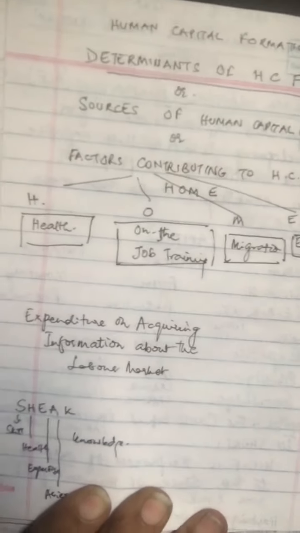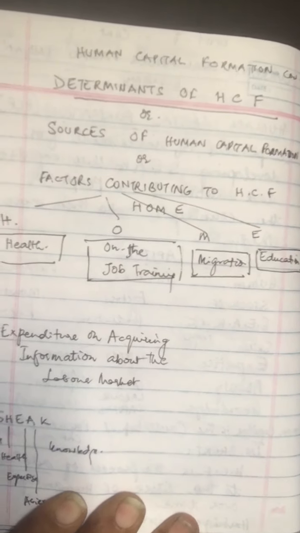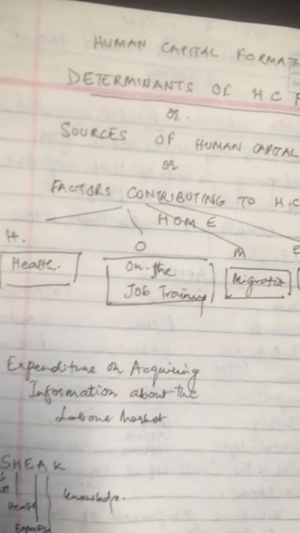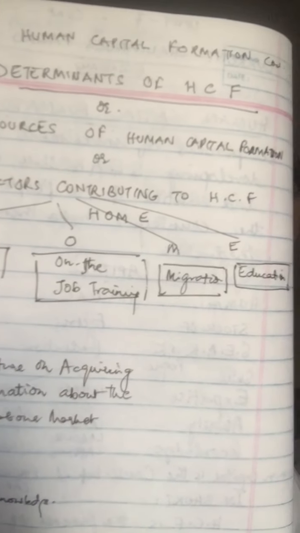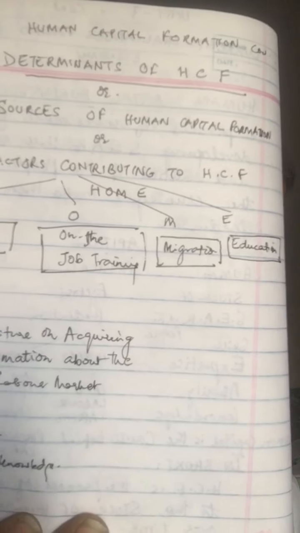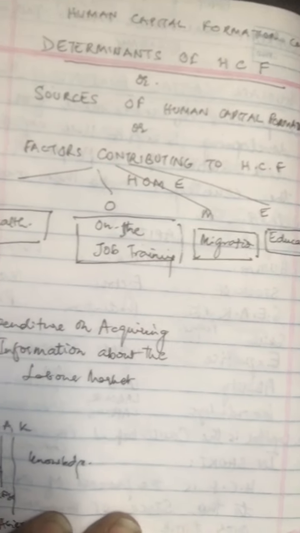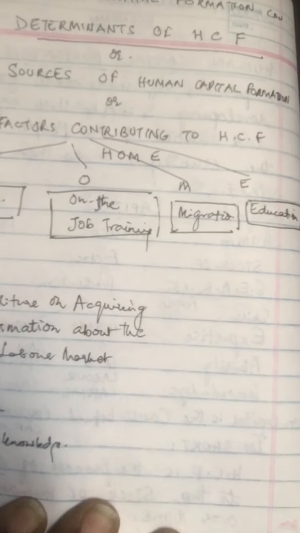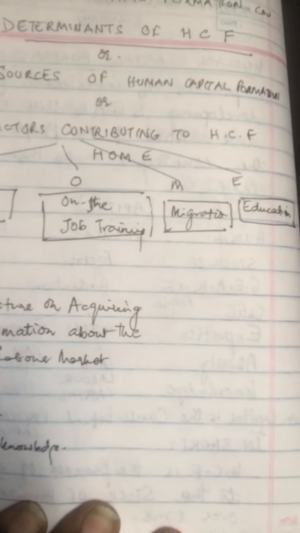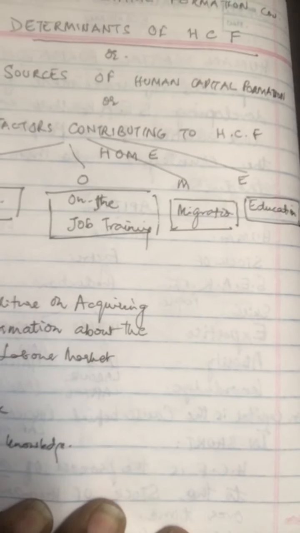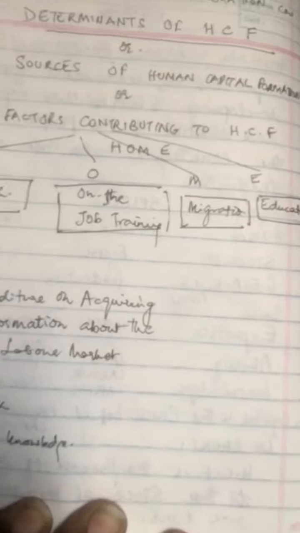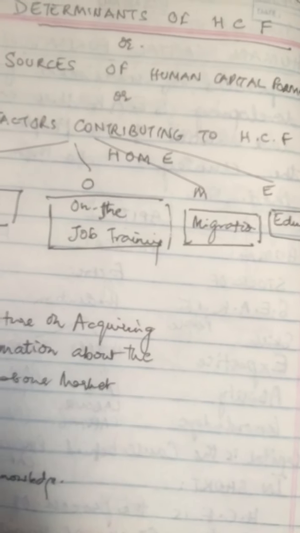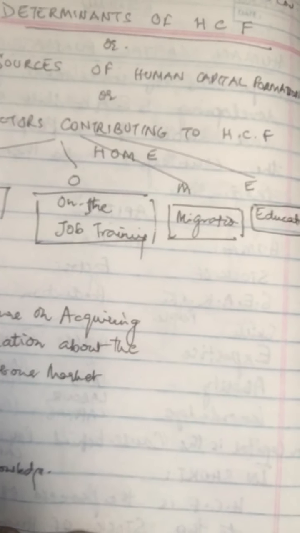So I've just put it here, human capital formation. So what are the determinants of human capital formation? When the country has to spend on health, because a sound mind in a sound body is an age-old saying.